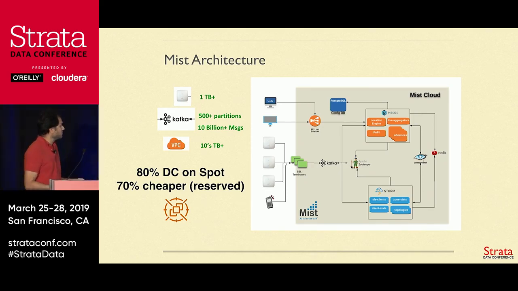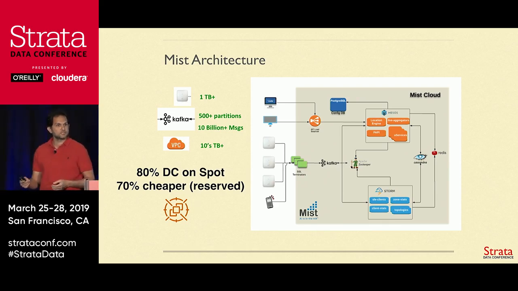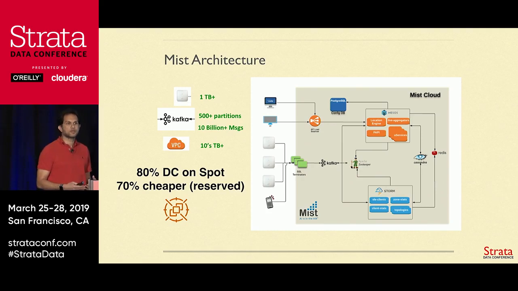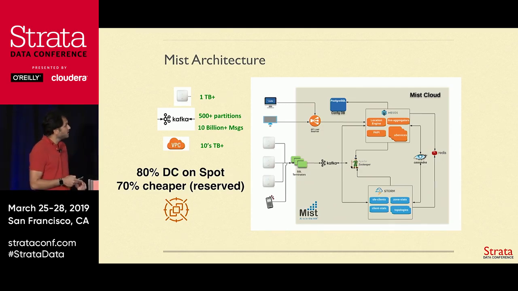So if you think about it, our costs are very low. We are typically 70% cheaper than whatever other companies can get by reserving machines. But what that means is that we have to be very, very fault tolerant, because we get lots and lots of servers going away over the course of a day.